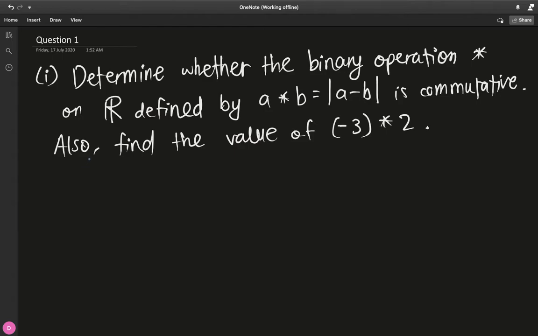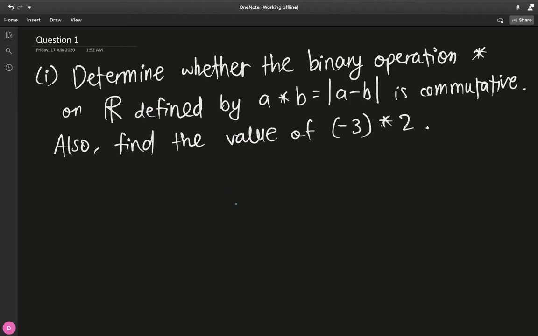The question is basically telling us to determine whether the binary operation denoted by this asterisk on R, the set of real numbers, defined by A asterisk B is equal to absolute value of A minus B, is commutative. And then after we've done that, they're telling us to find the value of negative 3 asterisk 2.